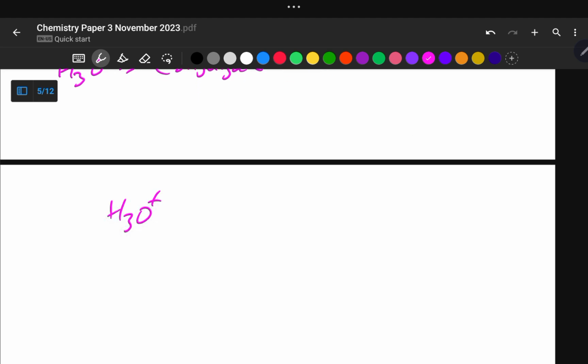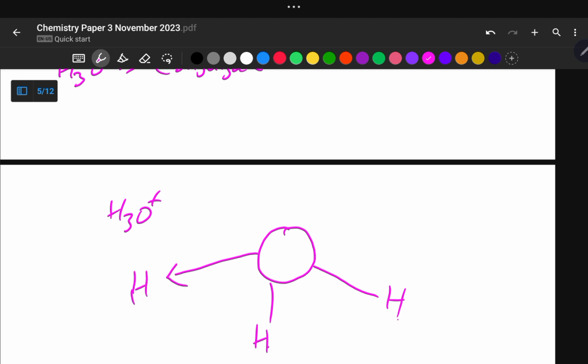So oxygen is the central atom, bonded to two hydrogen atoms, and then this proton by a dative bond. So this proton comes to the reaction being donated by the acid, and it doesn't have any electrons, so there's a dative bond here, and then a lone pair of electrons here. So 3 bonding pairs and 1 lone pair. We are going to have a trigonal pyramidal shape of bond angle 107 degrees.